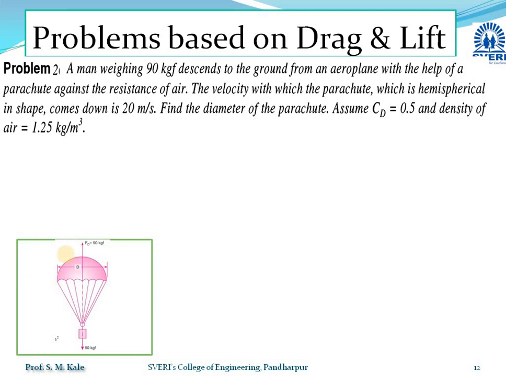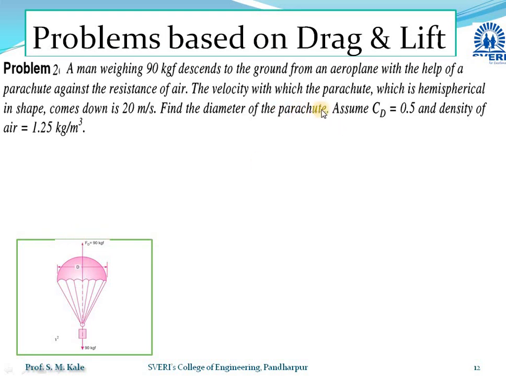So here, if I consider air as stationary and the parachute is moving in the vertically downward direction, the drag force will be acting in the direction of motion of the air. The motion of the air will be in the vertically upward direction, so the drag force will be in the vertically upward direction.